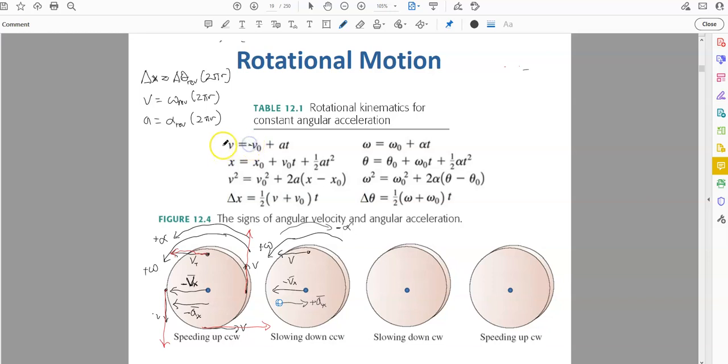This velocity vector is negative, this is negative, this is negative. The acceleration is positive. So the linear velocity vectors are all negative, and the linear acceleration vectors are all positive. But the omegas over here are positive, and the acceleration vectors in the angular interpretation are all negative.